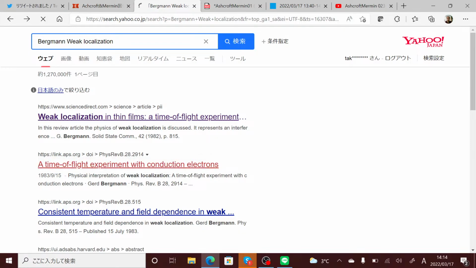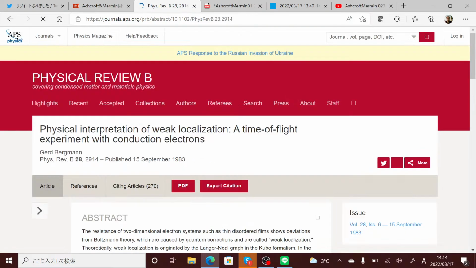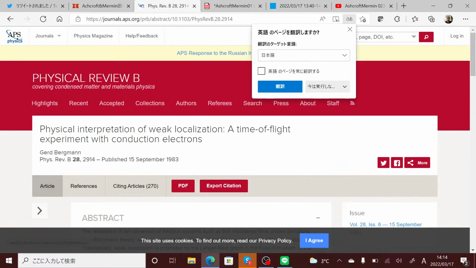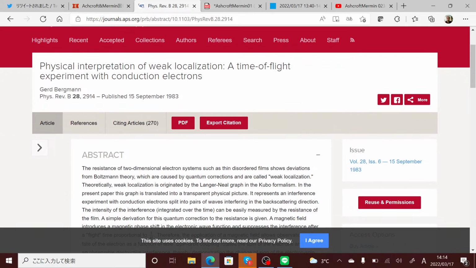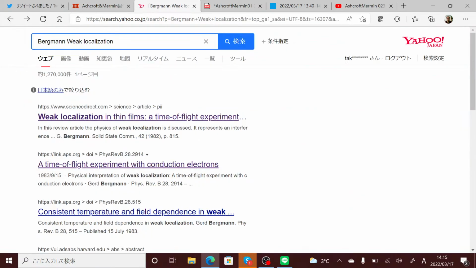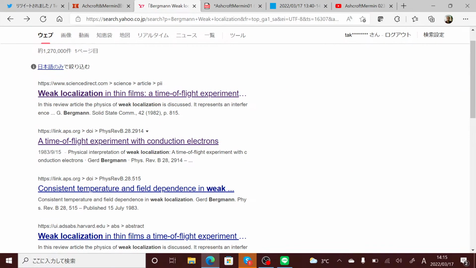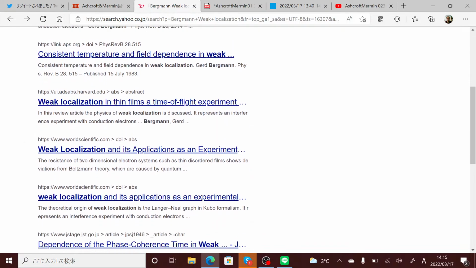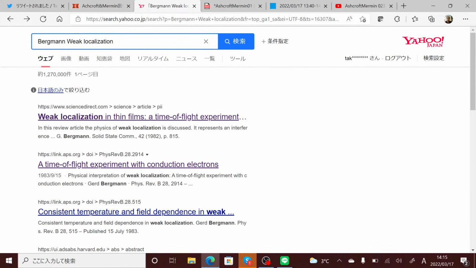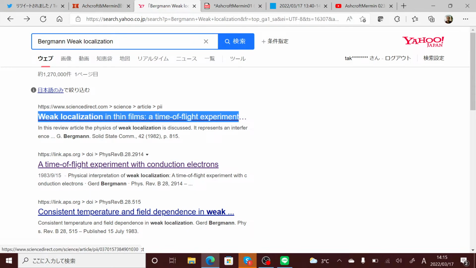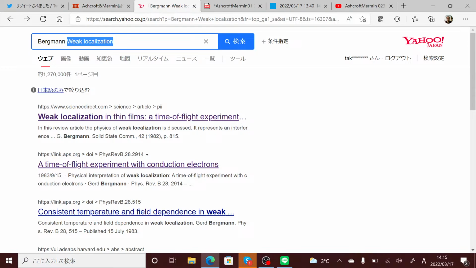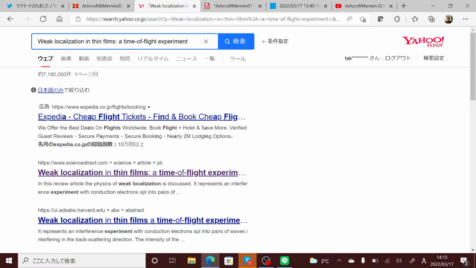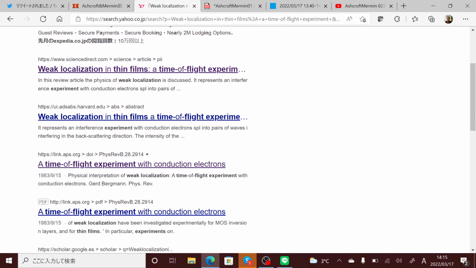Is this Bergman? I can just copy paste. No PDF.